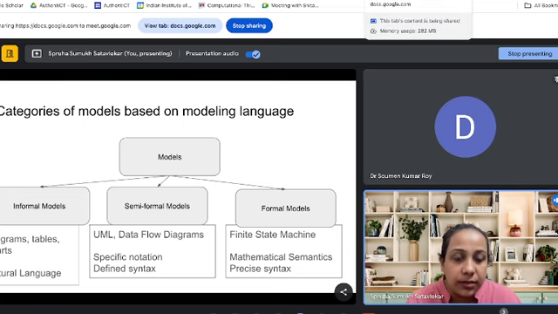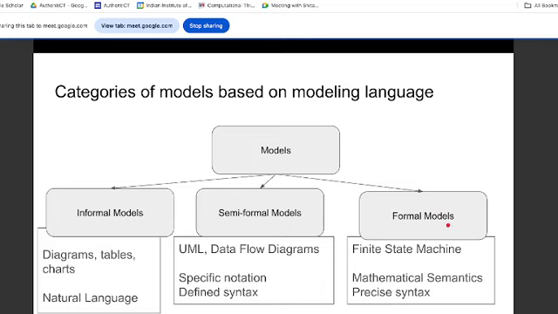So that is based on the modeling language. We now will study some of the formal models which talk about the finite state machine. How do they incorporate the finite state machine? All those things. So the important thing to note is that formal models are the models which use a set of measurable properties of the system, and these properties are the states and actions performed in the system.